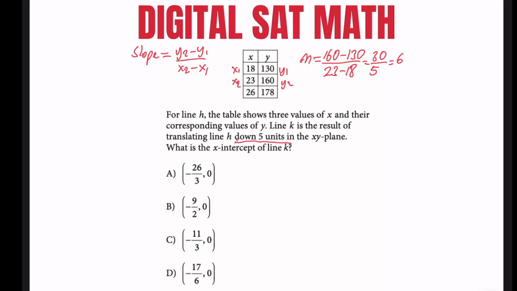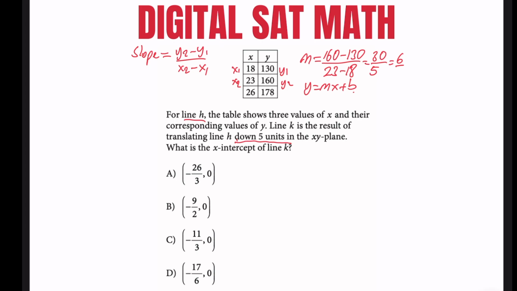If you consider this a linear equation, the linear format is y equals mx plus b, and we found that the slope is 6. I can substitute the value of 6 in this equation to find the value of b. Why do I need to find the value of b? Because I need to determine the equation for the line H.